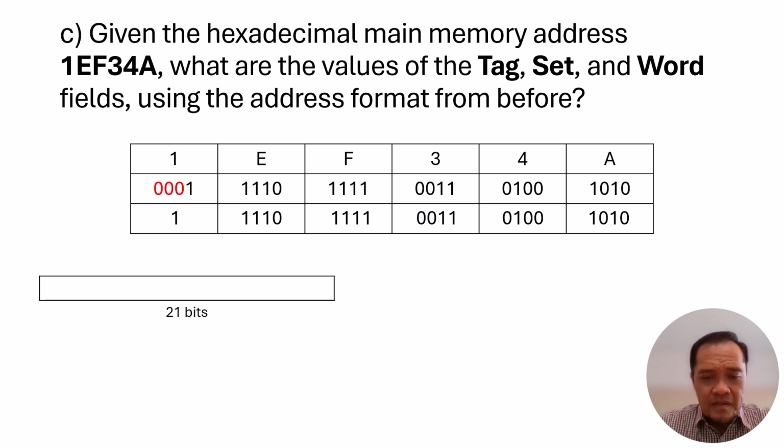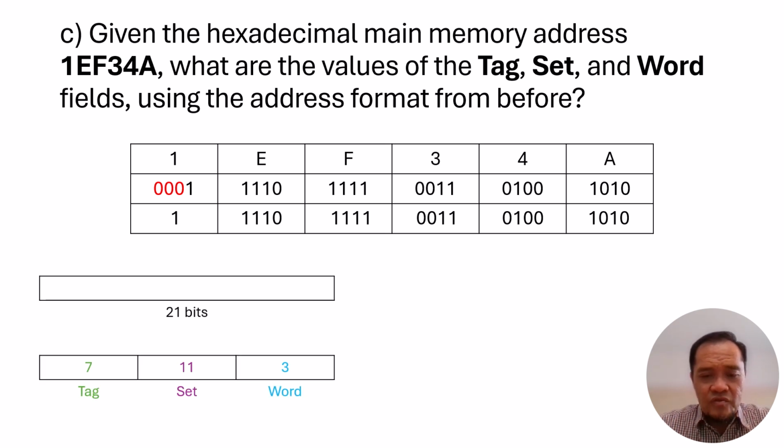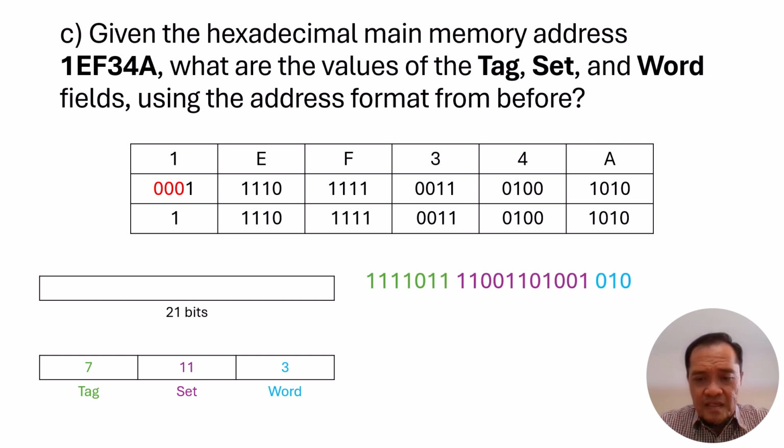From the 21-bit address, you know that 7 bits are allocated for the tag, 11 bits are allocated for the set, and 3 bits are allocated for the word. So all you have to do is to split the binary representation of the address according to this division. So this is the binary representation of the address.